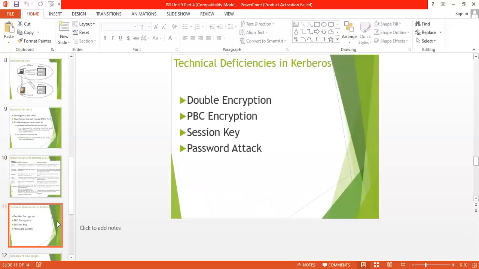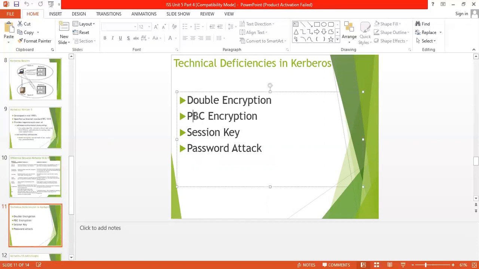Some technical deficiencies in Kerberos: first is the double encryption, second is PCBC, third is the session key, and fourth is the password attack.